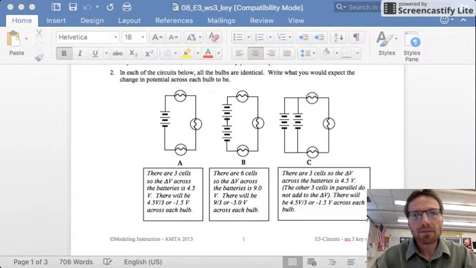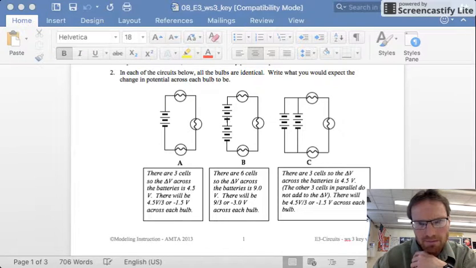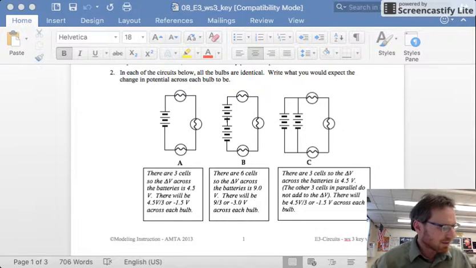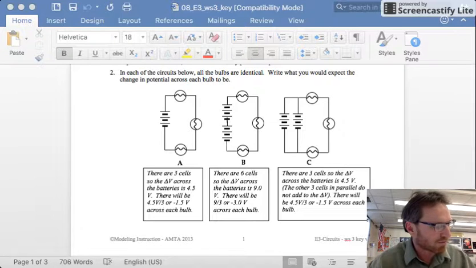For this lab here, the Ohm's Law lab, I'll come back to this in a minute. But the one question I did have was the bottom of page 10. This was a very interesting derivation, looking at the area under the curve for an Ohm's Law curve. That depends on whether it's an ohmic device or a non-ohmic device.